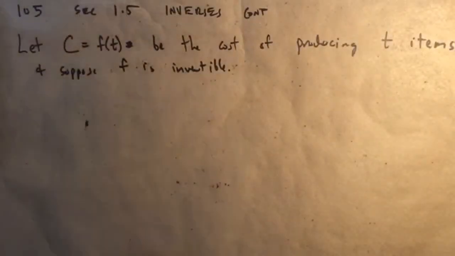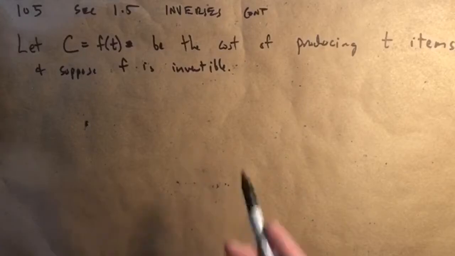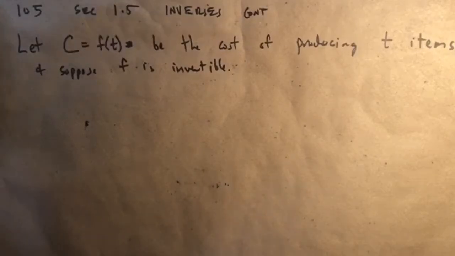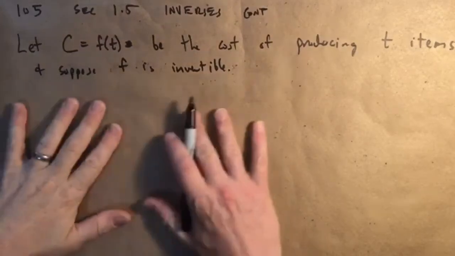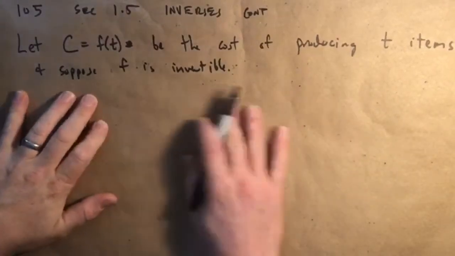Well, friends, let's go into an applied function now, and let C equal f of t be the cost of producing t items, and suppose f is invertible. What I like to do here is make a little picture.